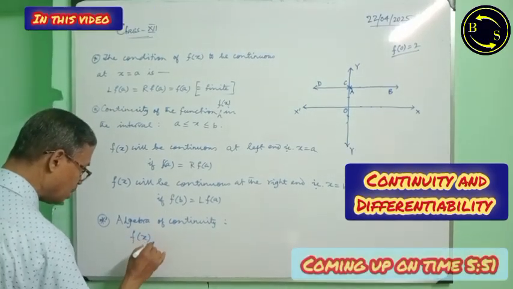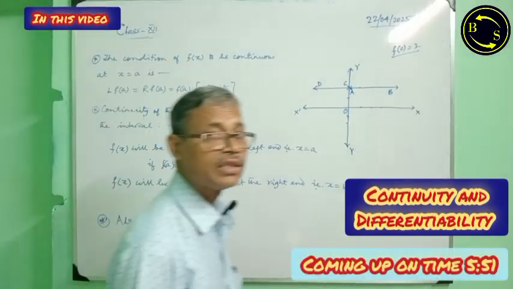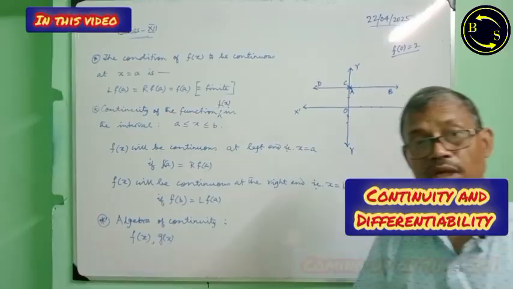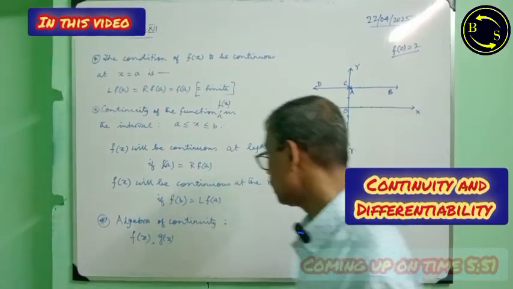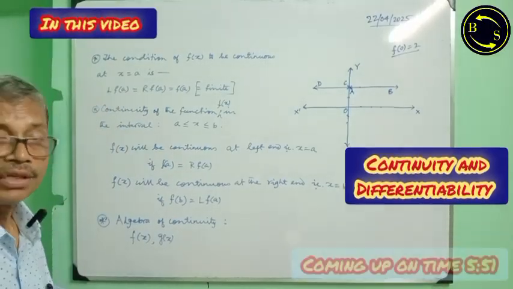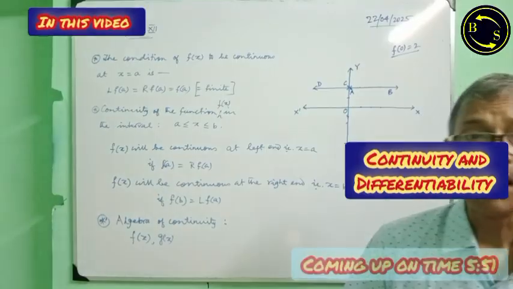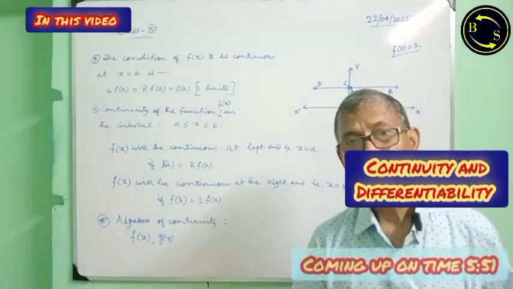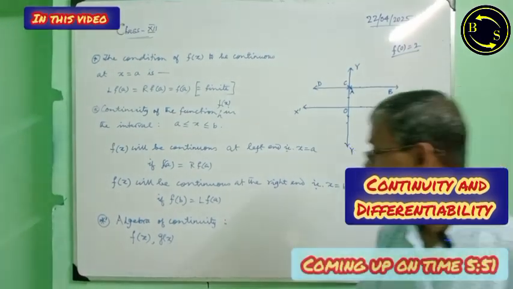If f(x) and g(x) are two functions which are continuous in the given interval, first of all, these two are defined in that interval. Then their sum, difference, product and quotient will also be continuous.